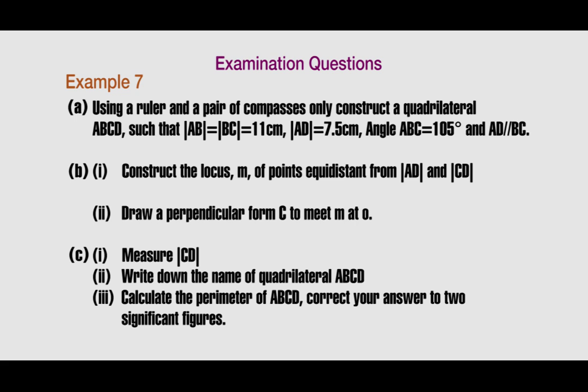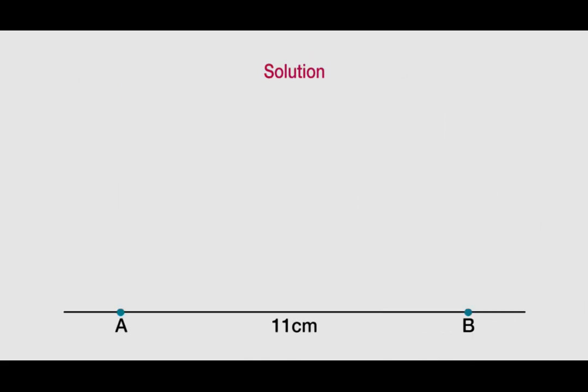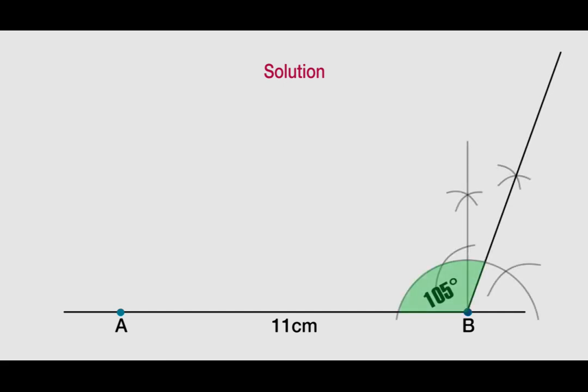Let's take the solution. A. We first construct the line AB of length 11 centimeters. Next, we construct angle 105 degrees at B, since we are told that angle ABC is 105 degrees.